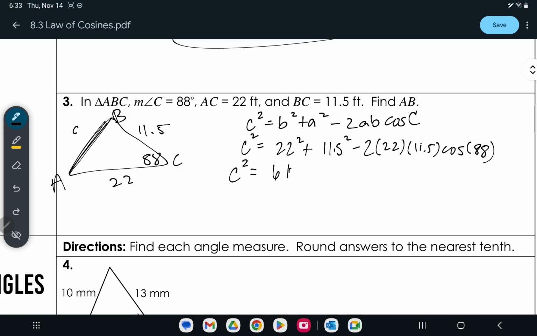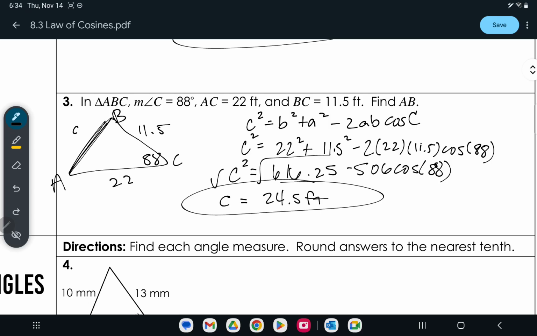So we get 616.25 minus 506 cosine 88. Square root both sides, and c is going to equal 24.5 feet.